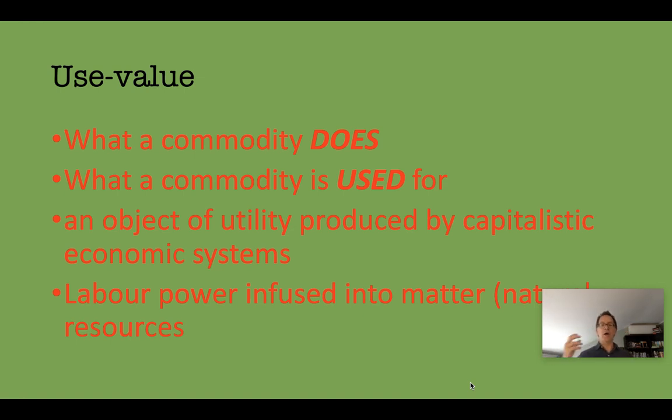So, a commodity is partly a use value, which is, say, an object of utility. How does it come to be? Labor power: the working class infuses its energy, and its know-how and its skill, into the process of transforming matter or natural resources into commodities.